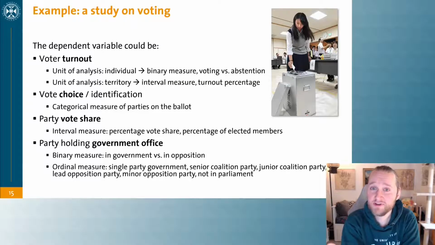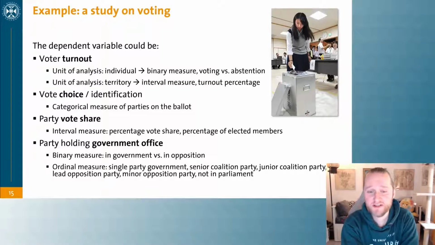And the last thing we can think of when we study voting is which party actually comes out on top. Which party then holds government office? Are parties in government after an election, or are they in opposition? Or if we want to split it up even a little bit further, can parties form a single party government? Do they have to have a coalition partner?